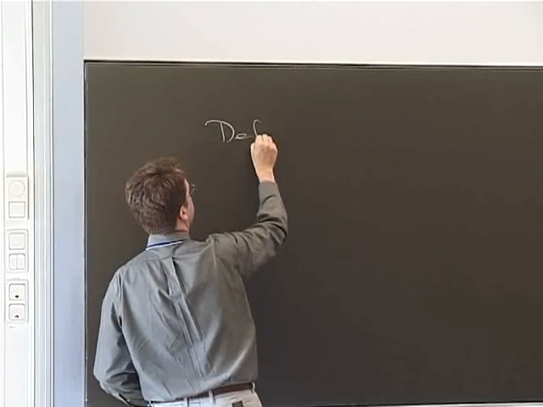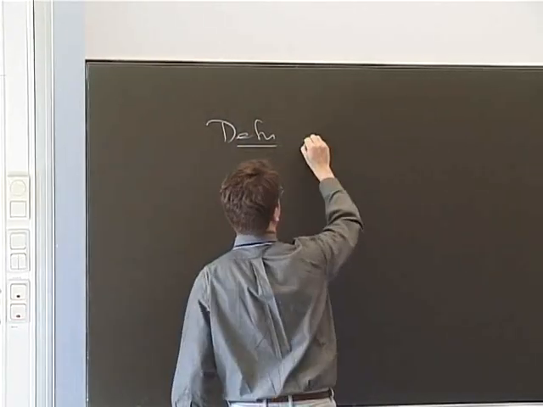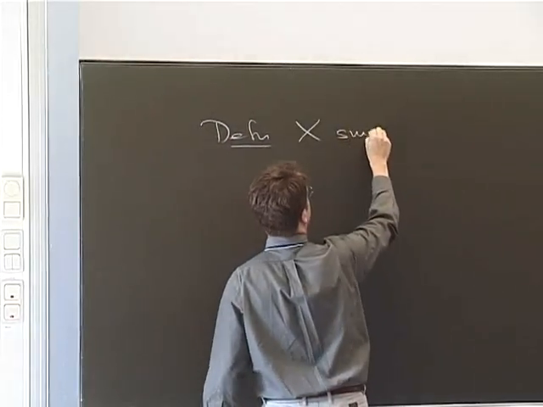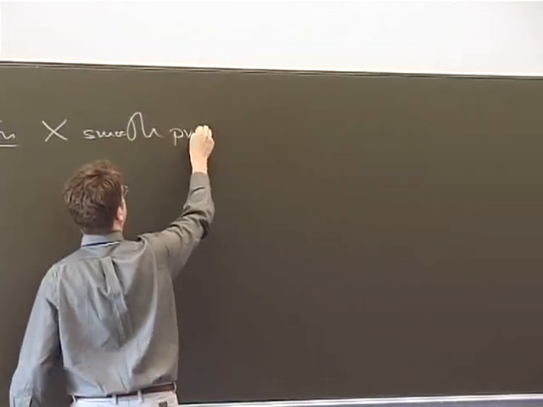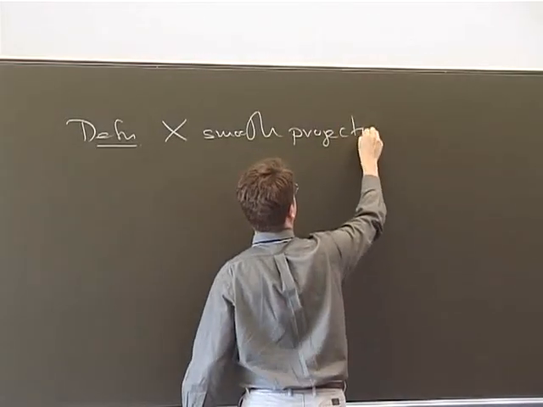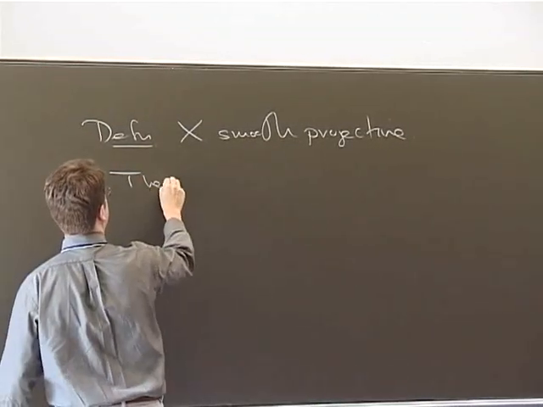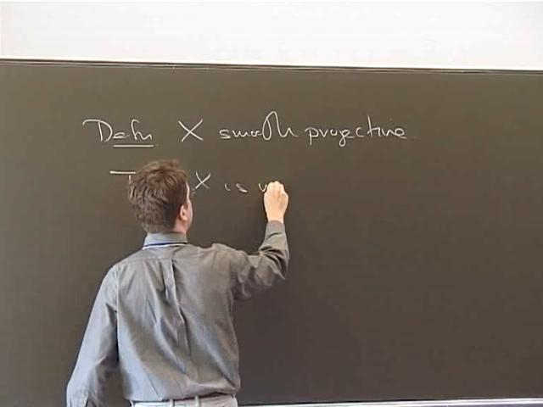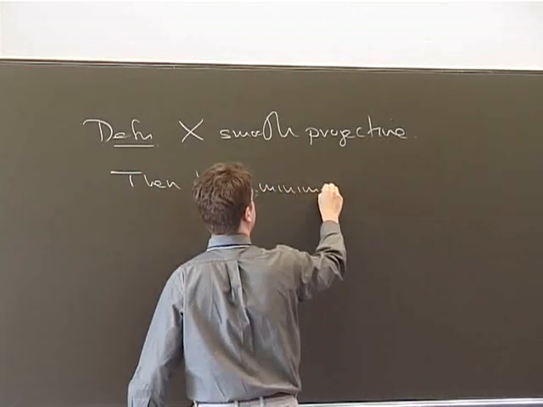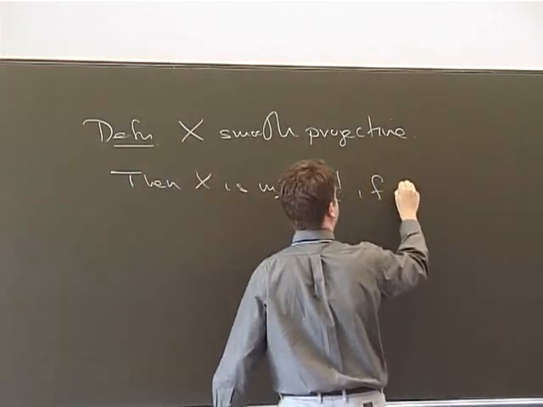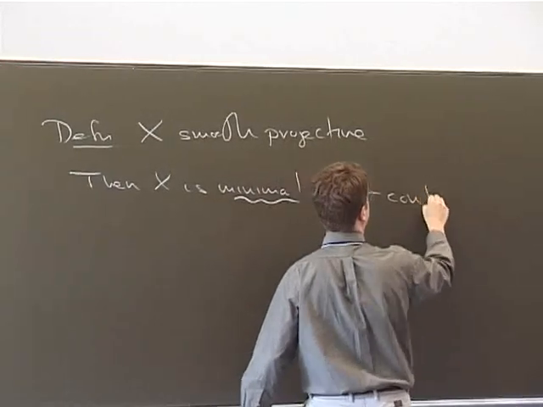So this is a definition I really should have made last time. Let's say that X is smooth and projective. Then X is minimal if it contains no -1 curves.